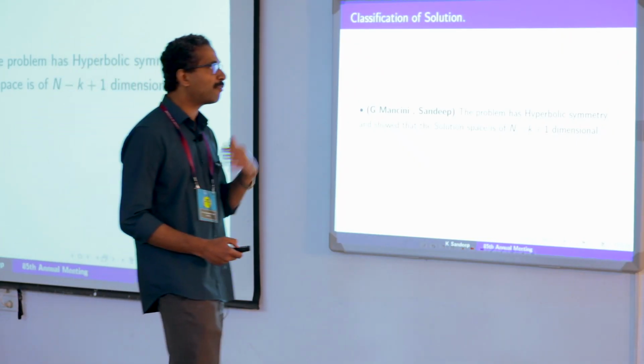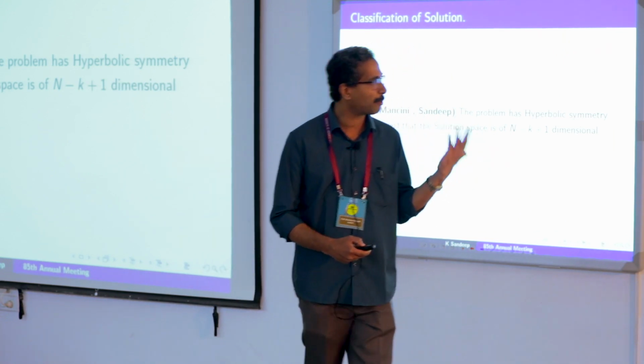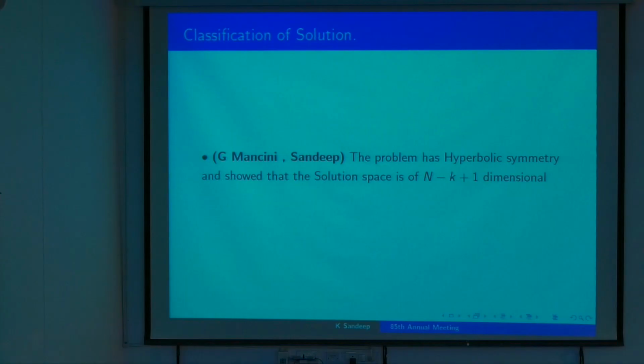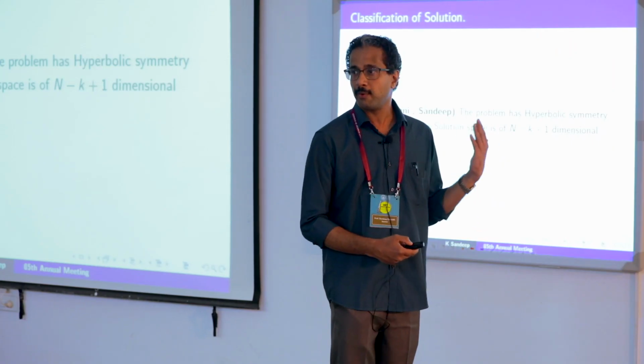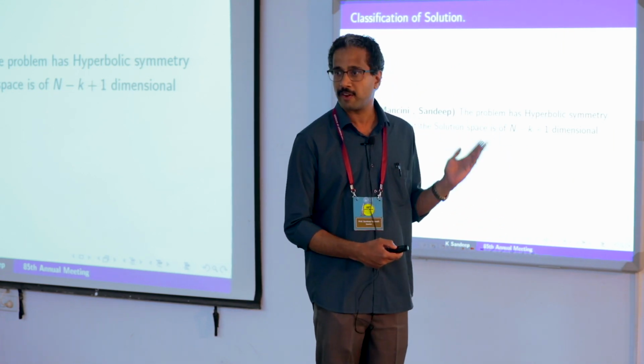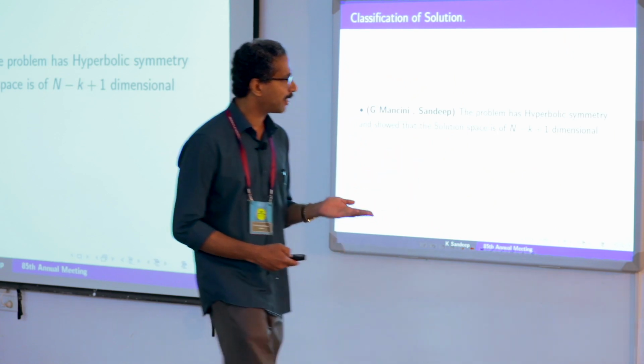The problem can be lifted to hyperbolic space of dimension n minus k plus 1, and that hidden symmetry we could exploit, and using that we could prove a classification result for that inequality, and we could get a lot of information about the extremals and so on, okay.